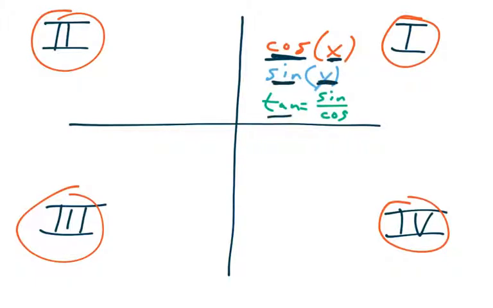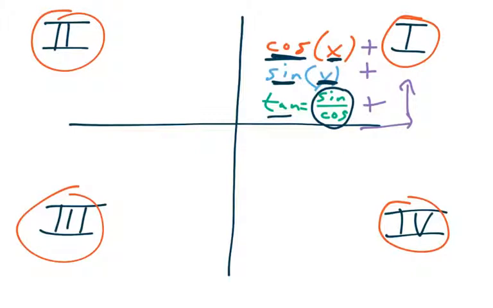And tangent is always sine divided by cosine. So we're just relating it to sines. If we're in the first quadrant, cosine and sine are both positive. The x and y coordinates are positive, because we're going right and up to get into this quadrant. And because both of them are positive, tangent is positive.